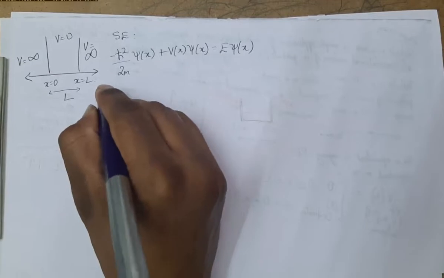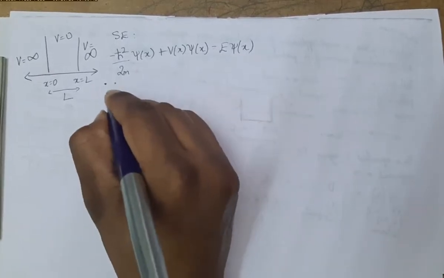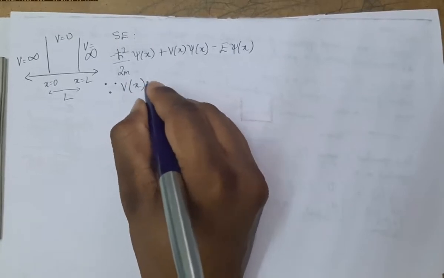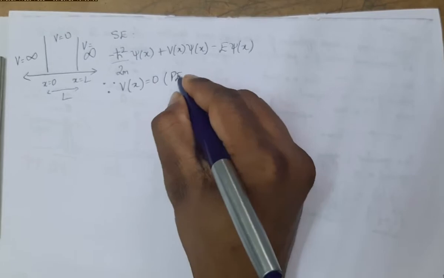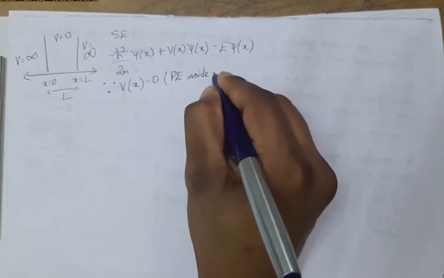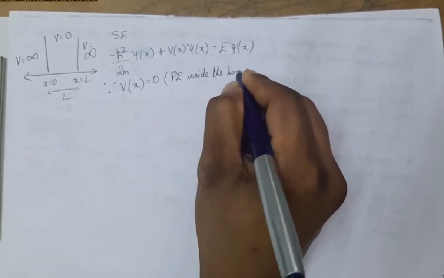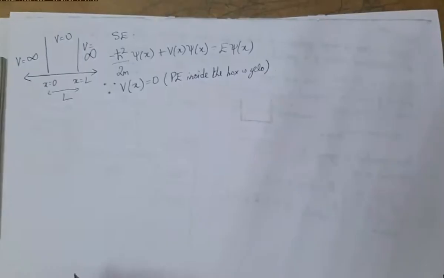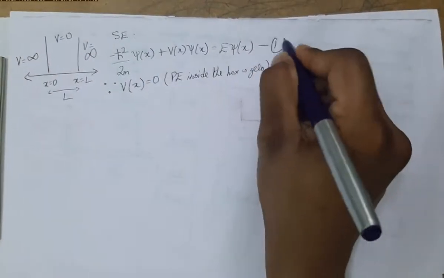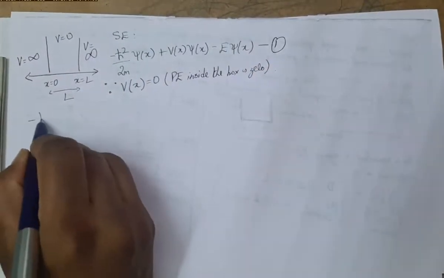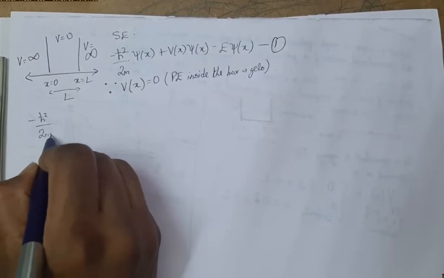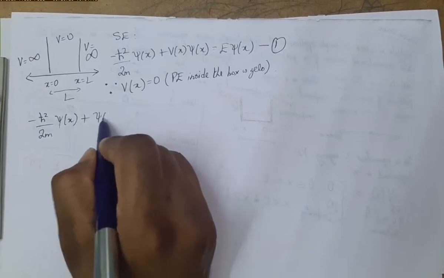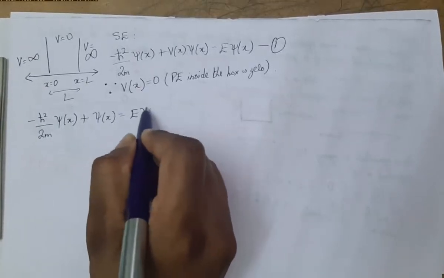Now we said that the potential energy inside the box is 0, so V of x is equal to 0. So you can rewrite equation 1 as minus h cross square by 2m, second derivative of psi of x, equal to E psi of x.